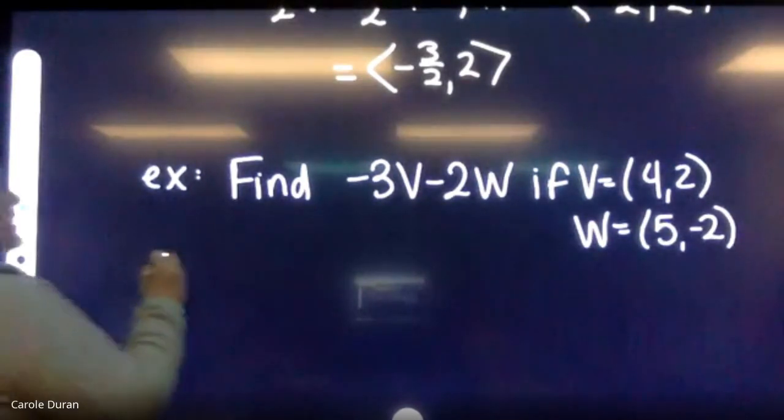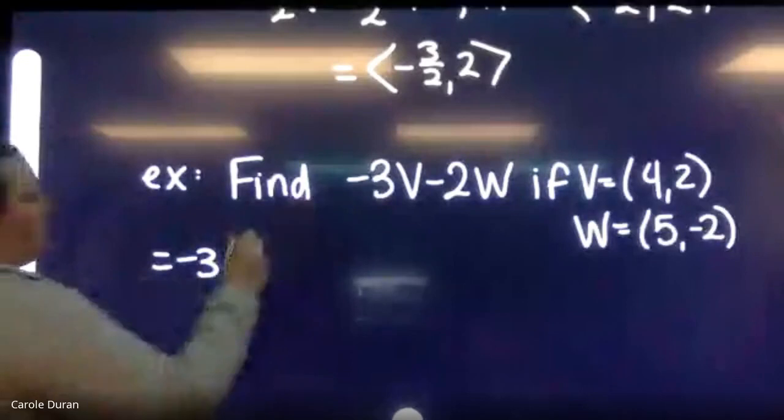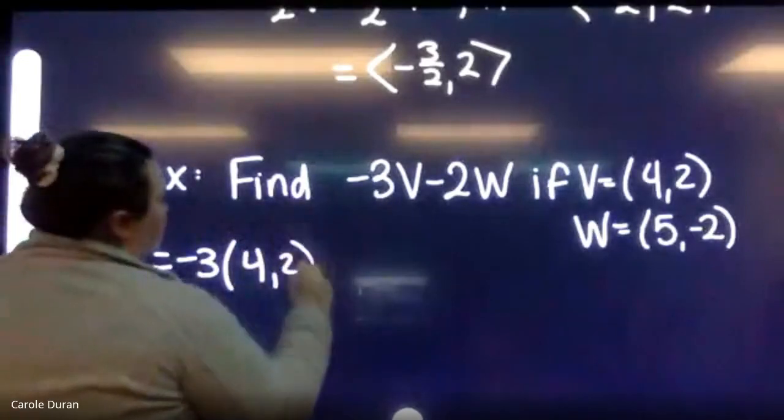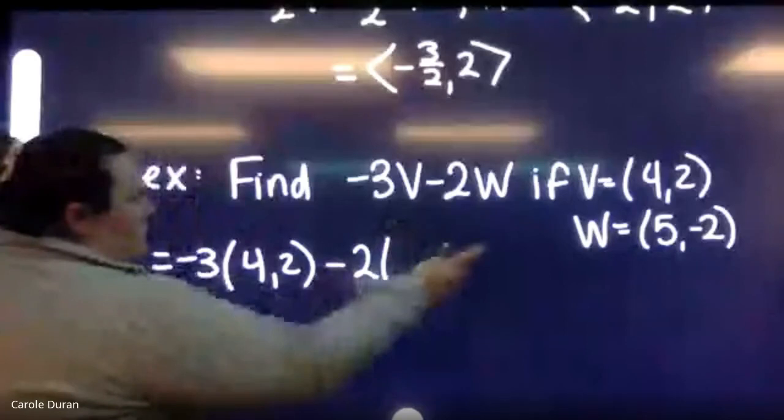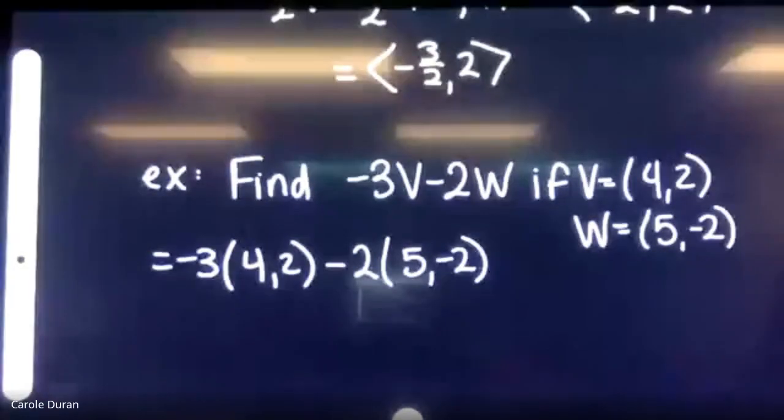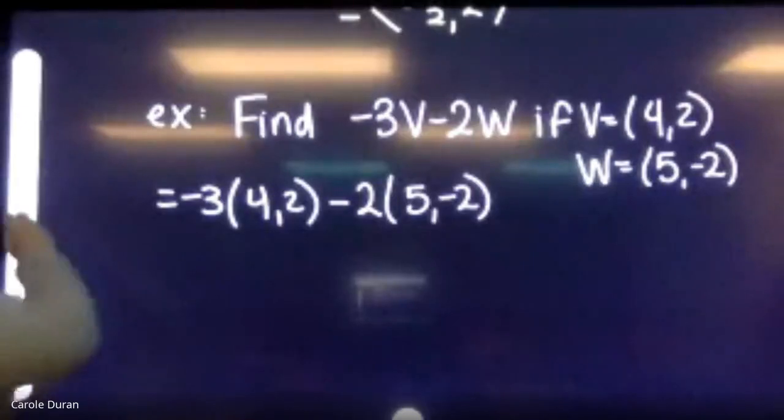So this is equal to -3 times my vector v, which is <4, 2>, minus 2 times my vector <5, -2>. So I just replaced v and w with the coordinates of its respective vector. We'll distribute them in, and then we will simplify.